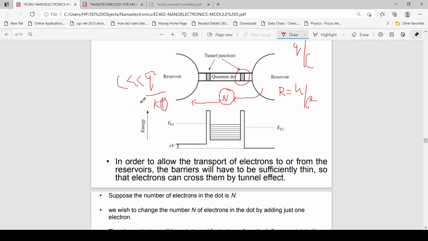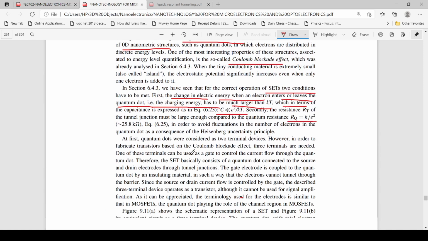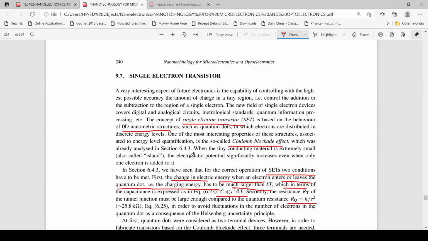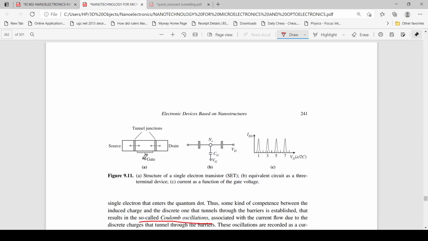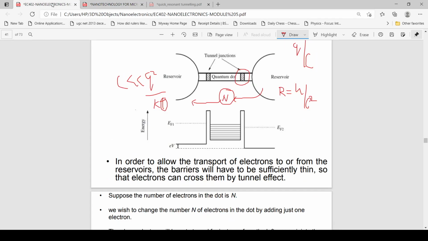Now come to the single electron transistor. This can be used as a single electron transistor by adding a gate in between the reservoirs. These two reservoirs can act as a drain and a source region.